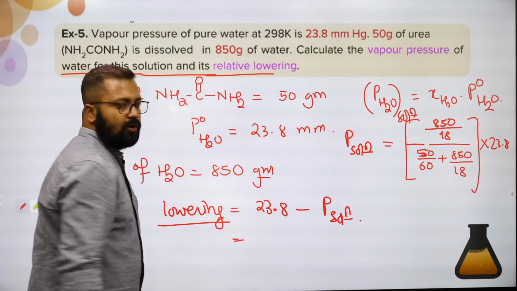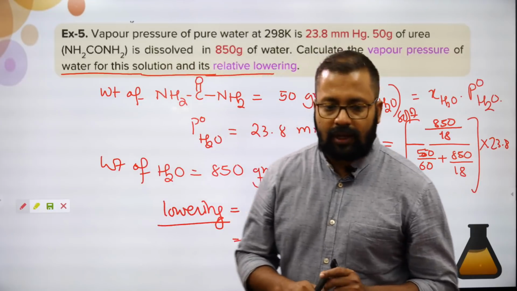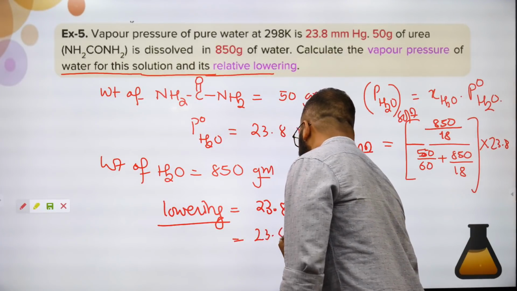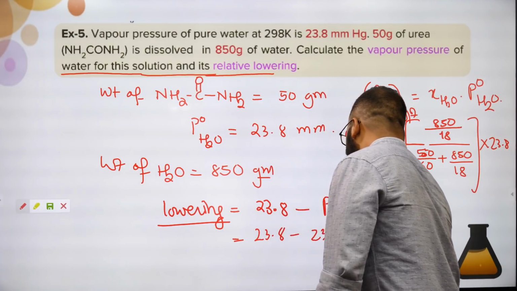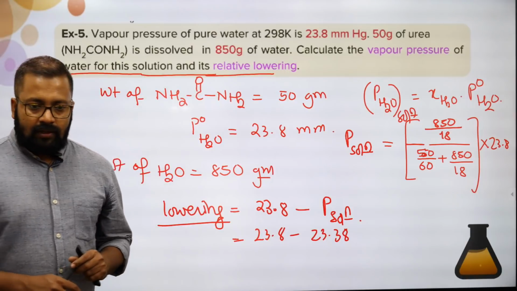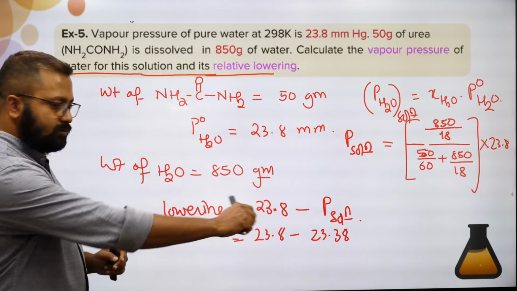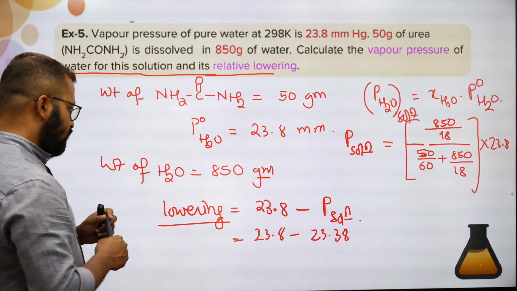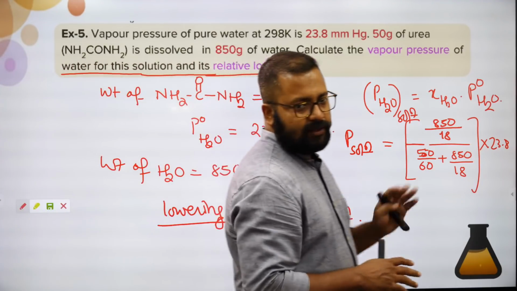This will be the lowering of vapor pressure. Okay, you are getting 23.38. So 23.8 minus 23.38, that will give you the answer.